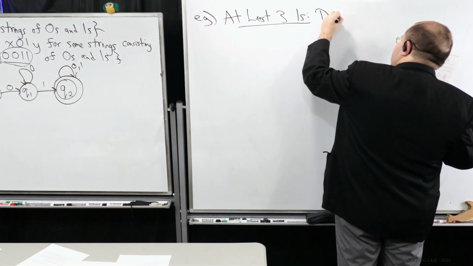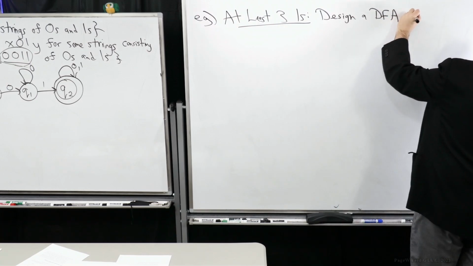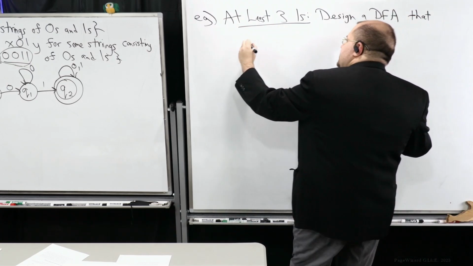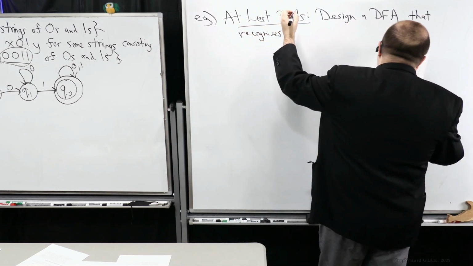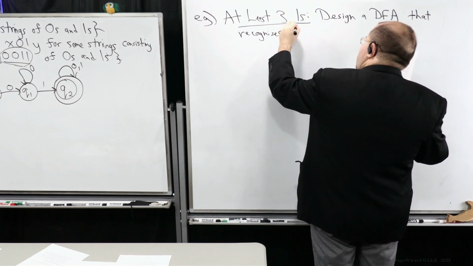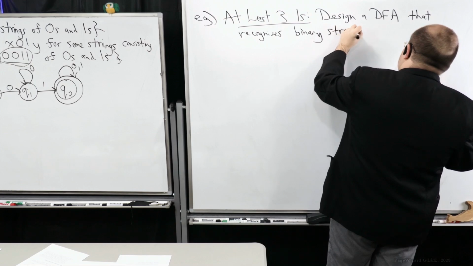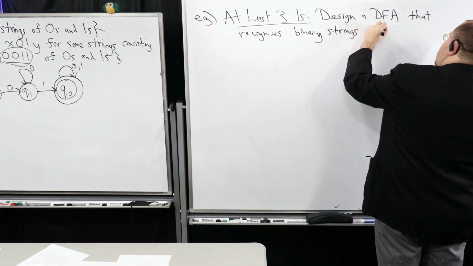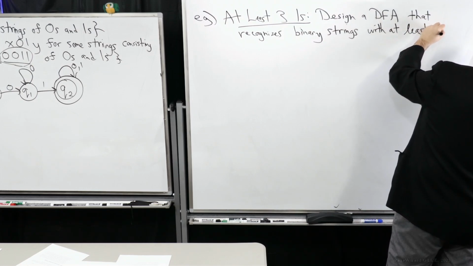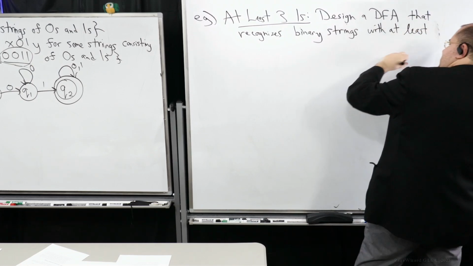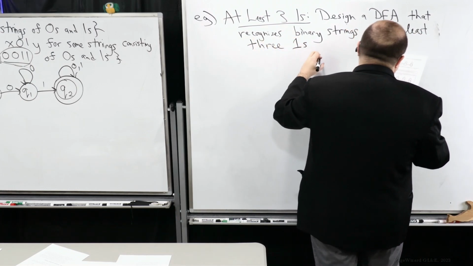So let's design a DFA that recognizes binary strings with at least 3 ones in them. I'll write the word because it gets a little bit strange when you don't.